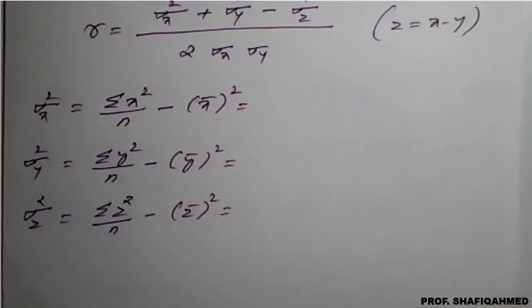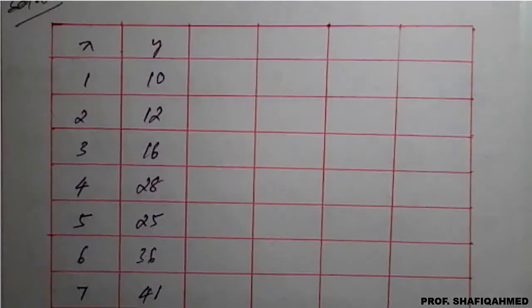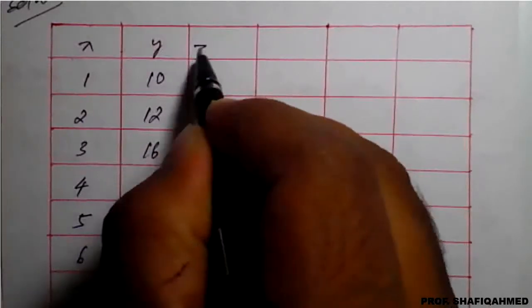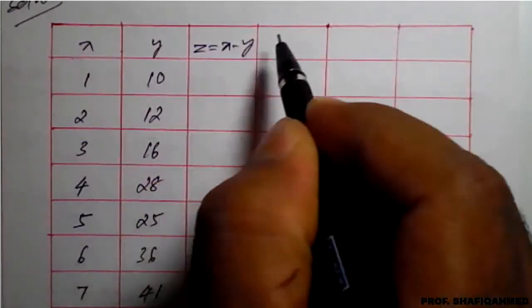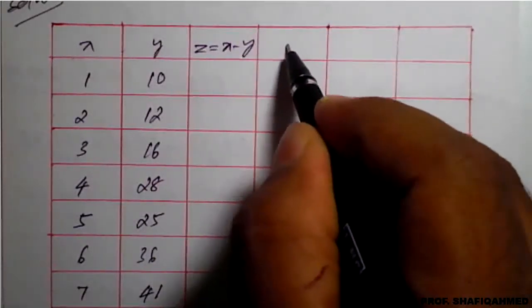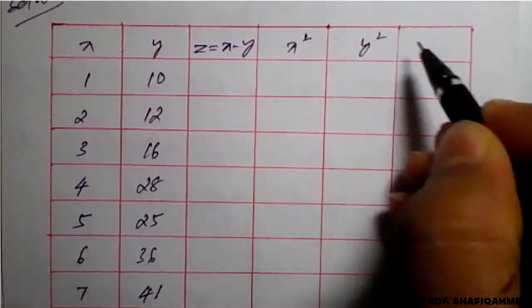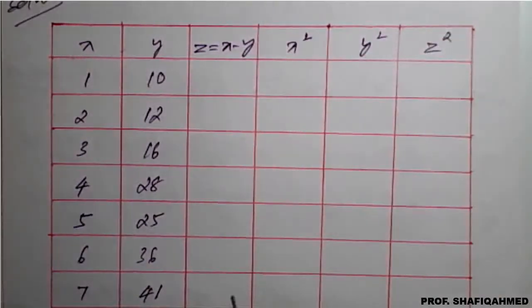Let's go back to the table, first complete it, and we'll get the summations. We need z equal to x minus y, then the x square column, y square column and z square column.